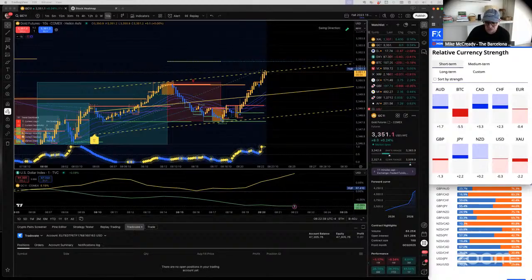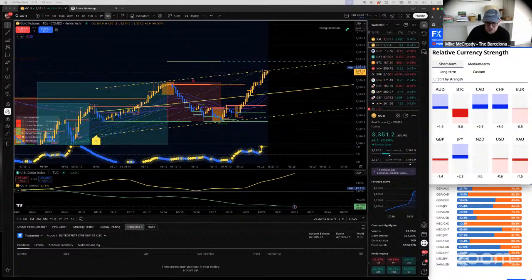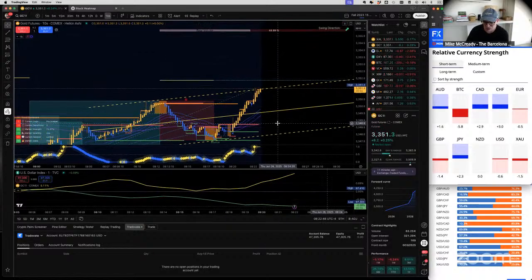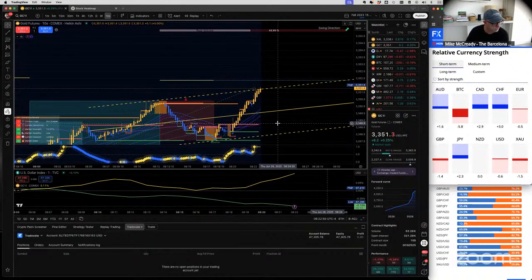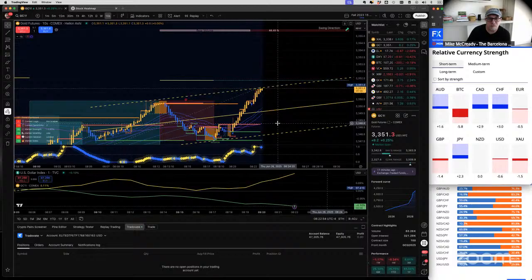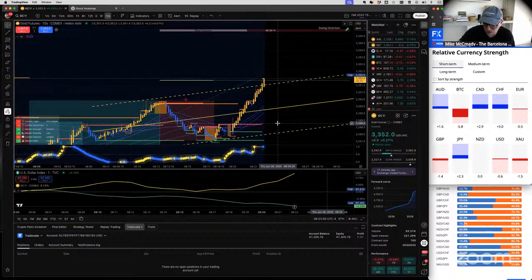Unemployment claims and final GDP will probably move price unless they come out as expected, as projected. And that is 7 minutes away.